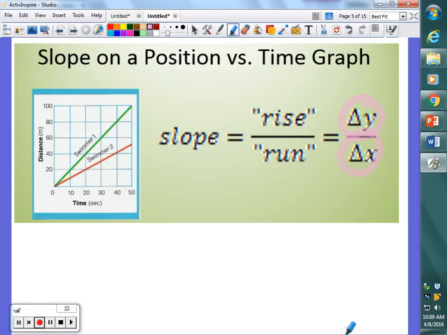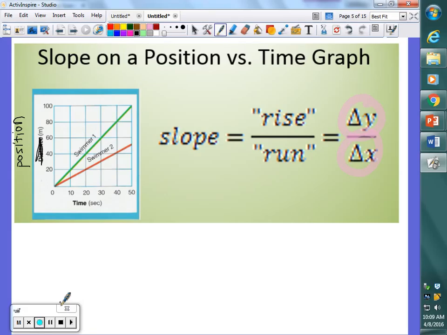Now, this is true of any graph. But if we now take it and look at our graph specifically, remember we said, let's get rid of distance here, and let's call this position. Okay?